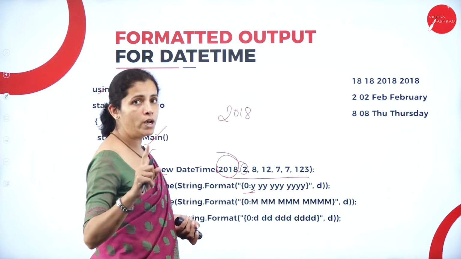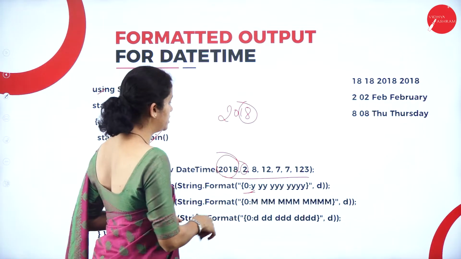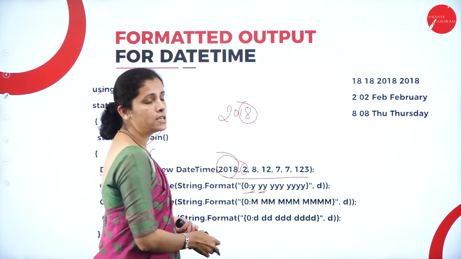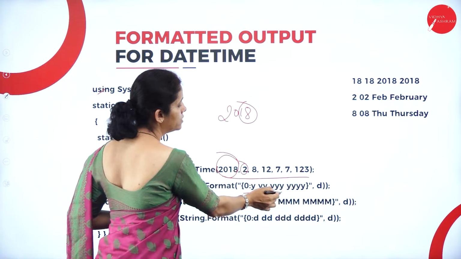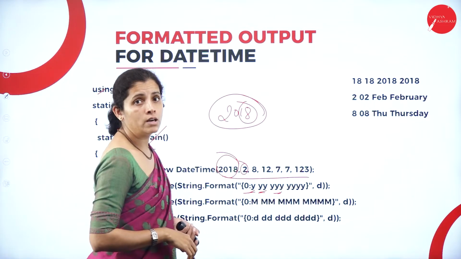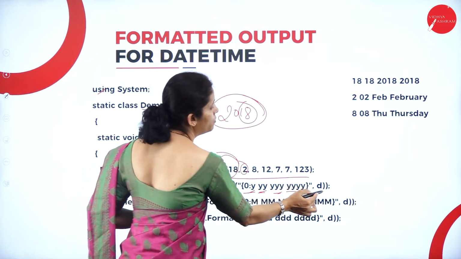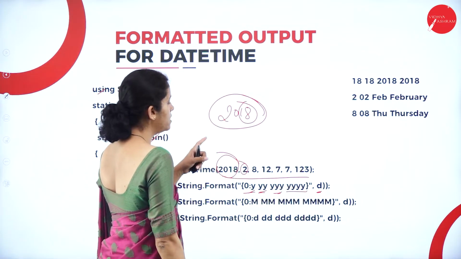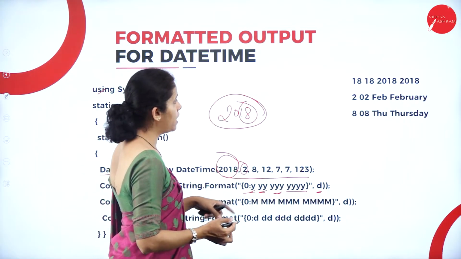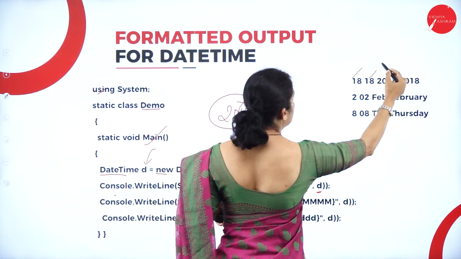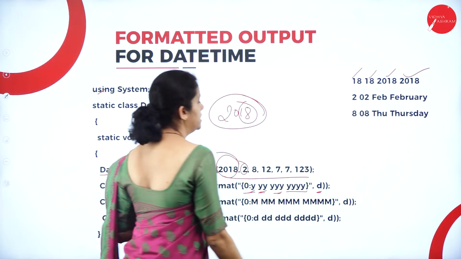If I have only one y, then it's going to consider 2 digits, in the sense I'm going to consider the 2 digits from the year. Here it is yyy, so I'm going to consider 4 digit year, and here yyyy, 4 digit. Okay, and from where am I going to extract the year? From the D, that is nothing but the date and time, and I'm going to get the output 18. Okay, 2018 and 2018.